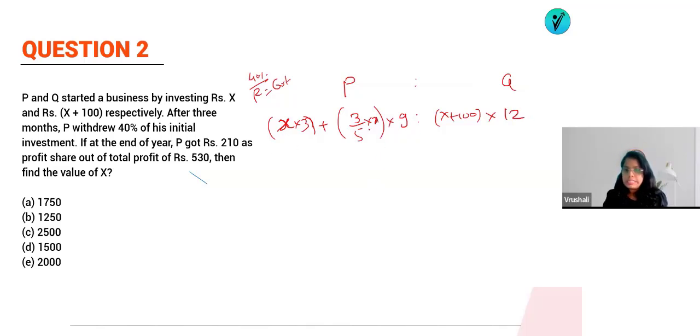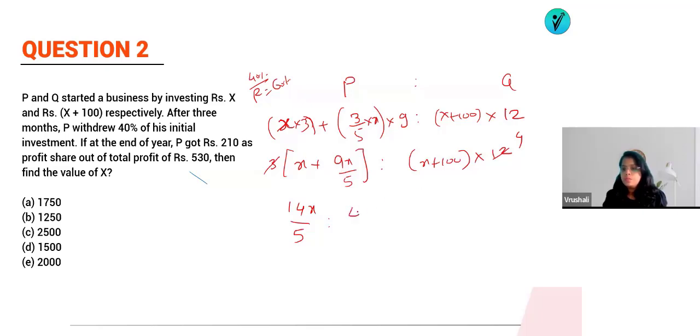If you take 3 common here, it will be x plus 9x by 5, and here x plus 100 into 12. 3 ones are 3, 3 fours are 12. So 5 plus 9, 14x by 5 is to 4 times x plus 100.